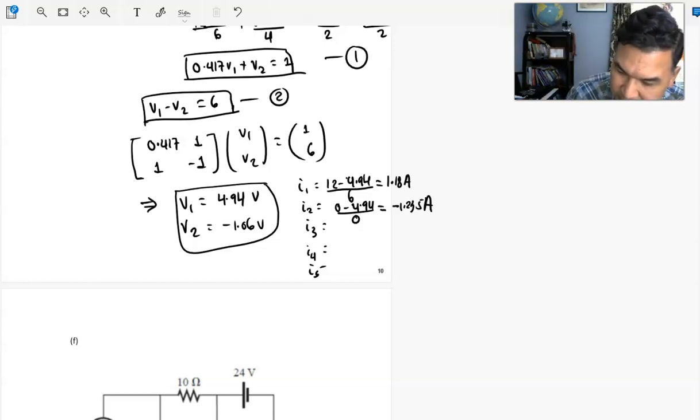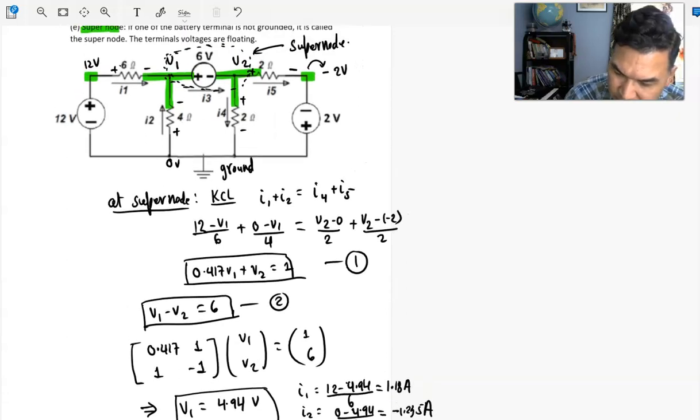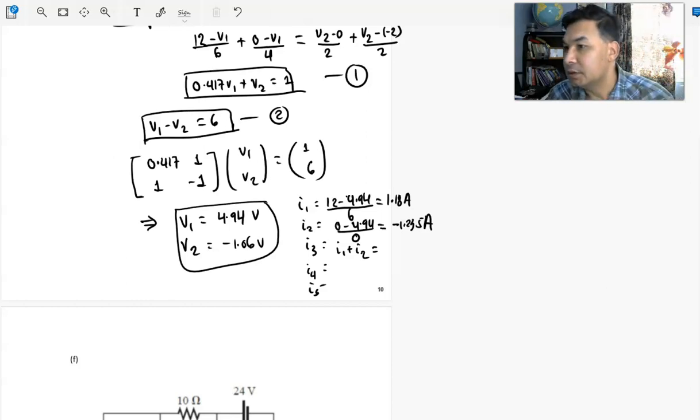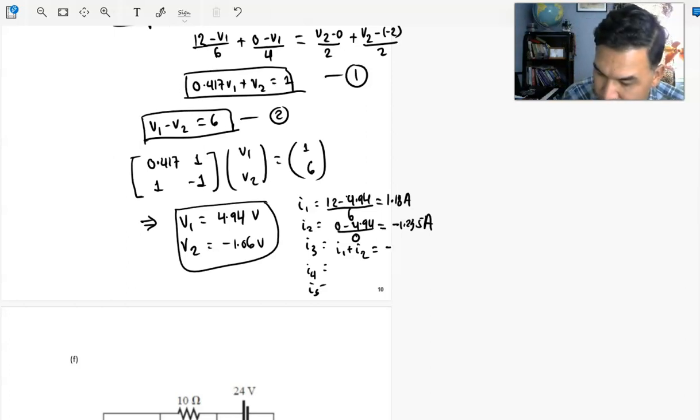And what is I3? I3 is just I1 plus I2, which is going to be negative 0.058 amps.